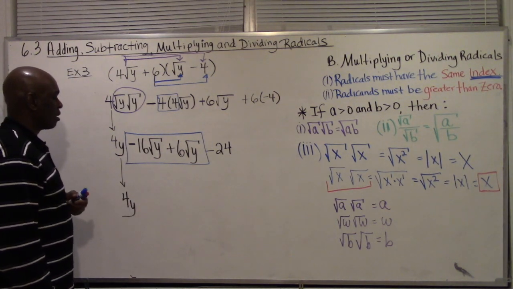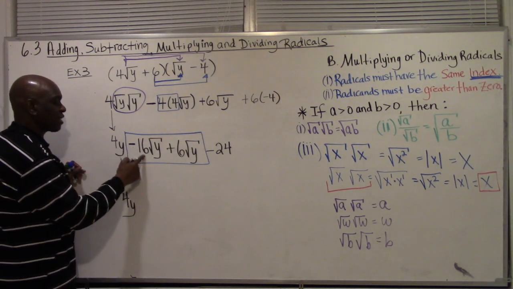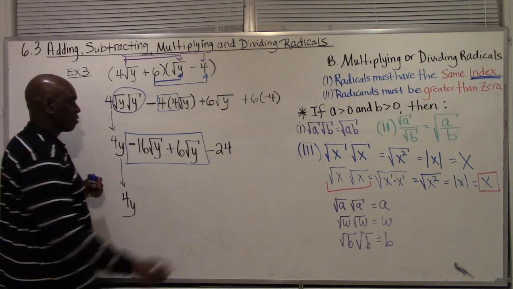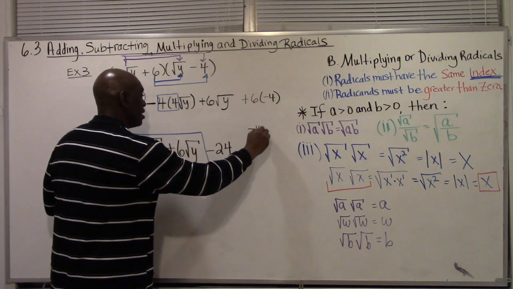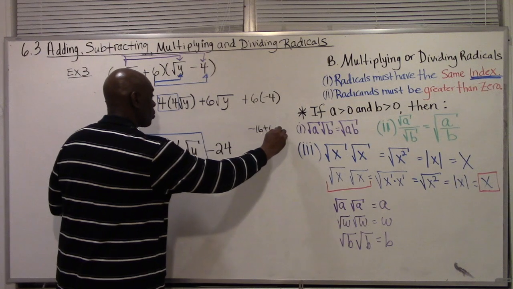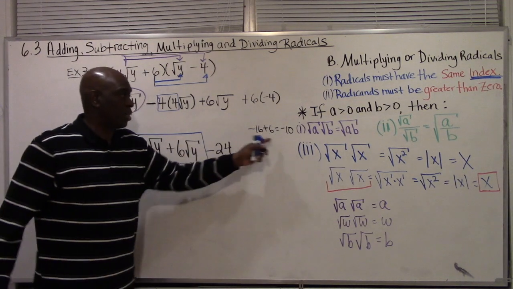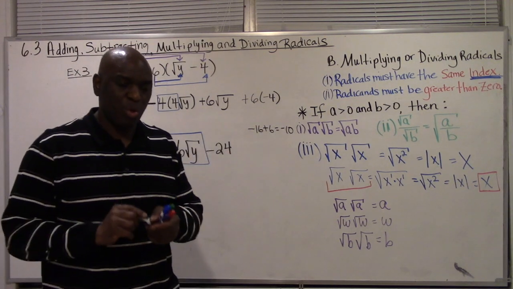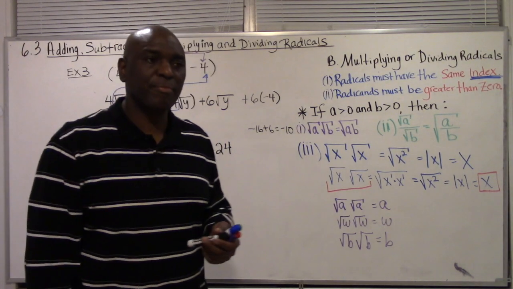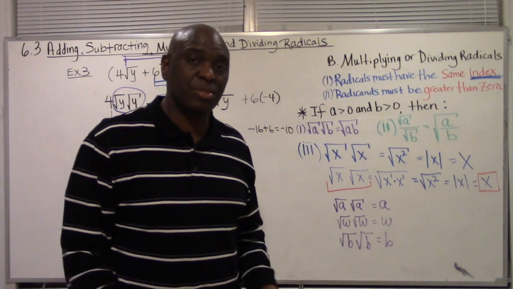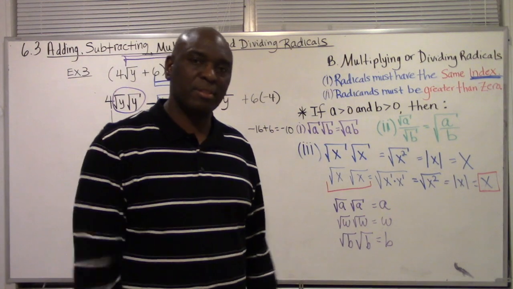Okay? And what is negative 16 plus 6? Negative 16 plus 6 equals negative 10. See, these are the things that you have to know without even thinking about it. Those are the fundamentals. Those are the rudiments. Those are the building blocks. Mathematics.